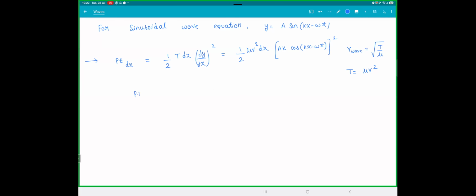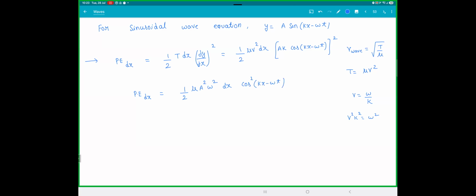So the potential energy for a segment dx turns out to be half mu, and we also know V is equal to omega by k, so V square K square is equal to omega square. So it becomes half mu A square omega square dx cos square kx minus omega t.